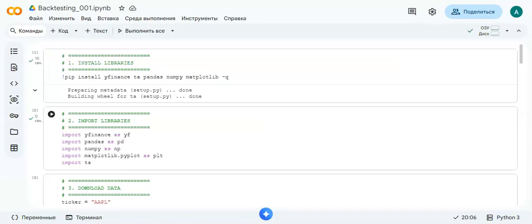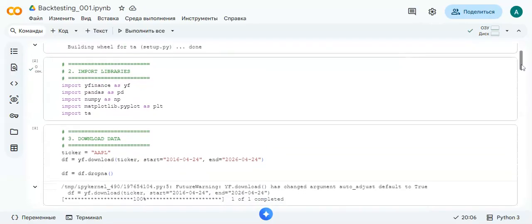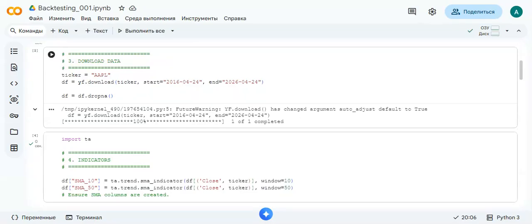Second, we are going to import these specific libraries into our environment, so that we can work with them for our analysis, right? Then a very important thing is to download the data, and to do so we download Apple stock.